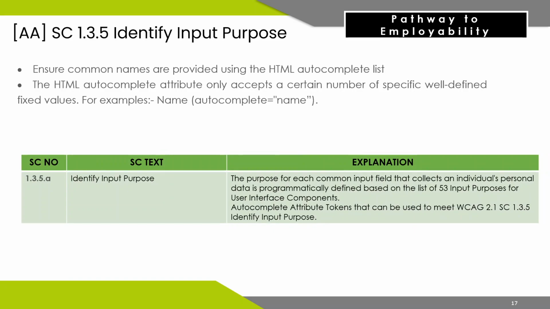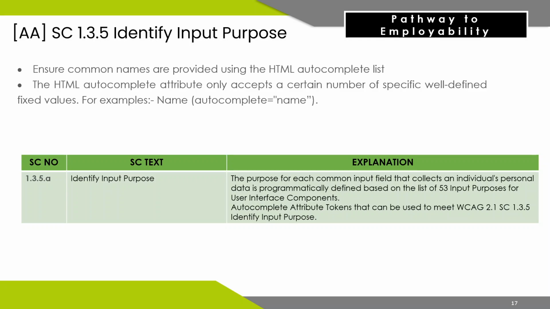The requirements for success criterion 1.3.5 Identify input purpose are 1.3.5.a Identify input purpose. The purpose for each common input field that collects an individual's personal data is programmatically defined based on the list of 53 input purposes for user interface components.